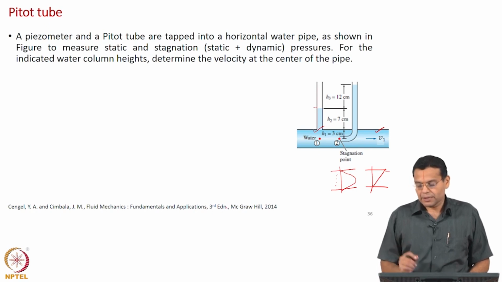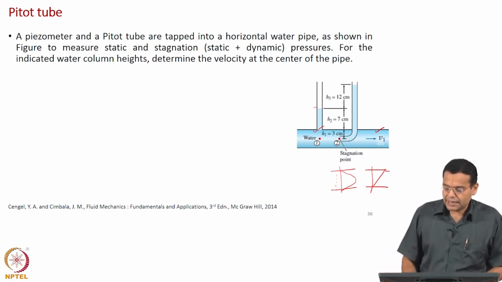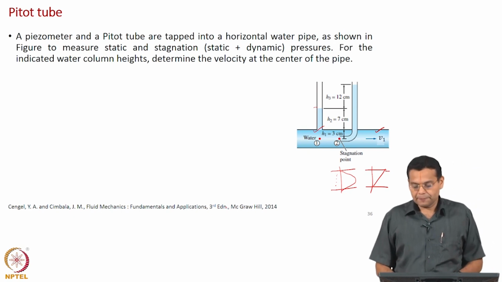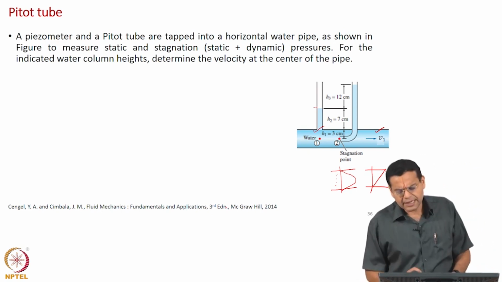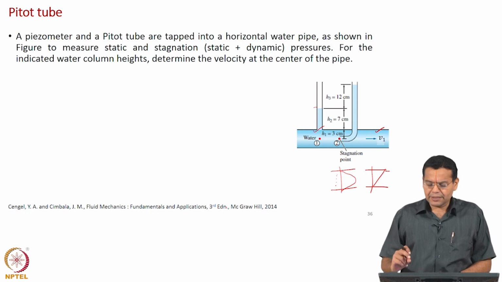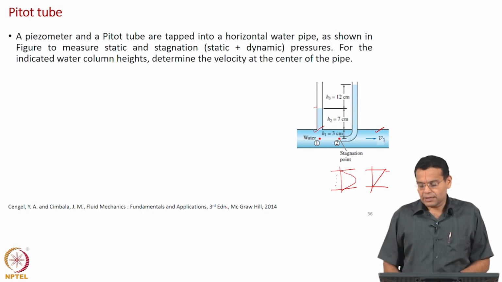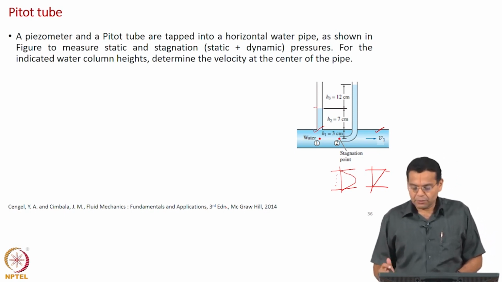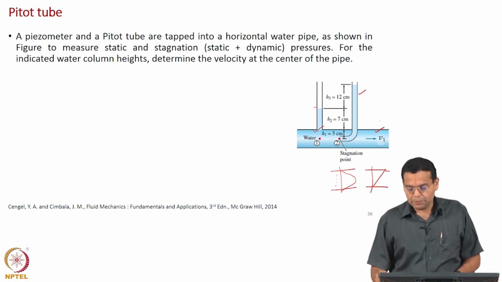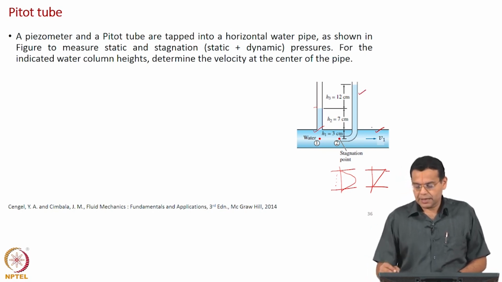So, you make a hole and attach a small tube, water will rise, and that will represent the static pressure at that particular point, and the static pressure is represented by the height to which the water level rises.